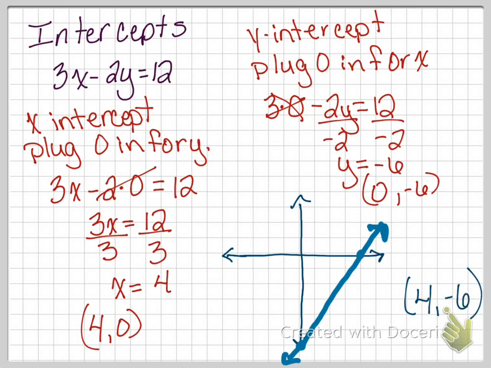That's wrong. (4, -6) isn't even on this line. You do not take those two values and put them together. These are two very distinct points: one point is (4, 0), and the other is (0, -6).